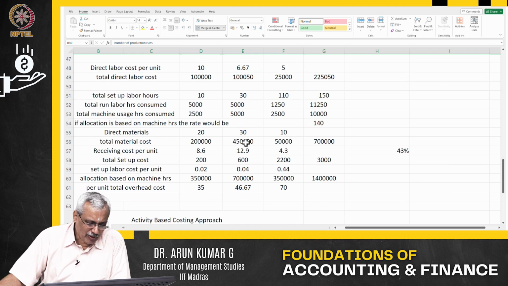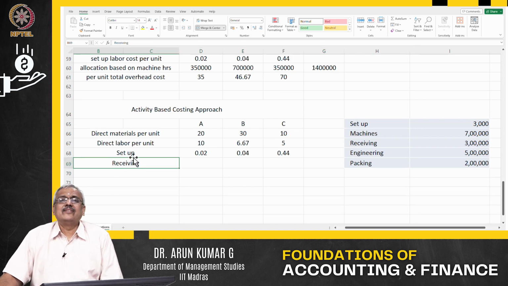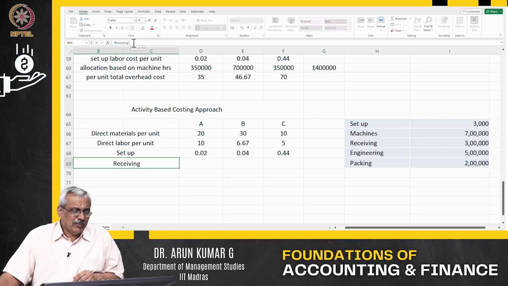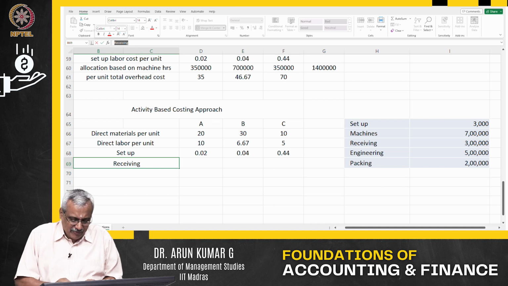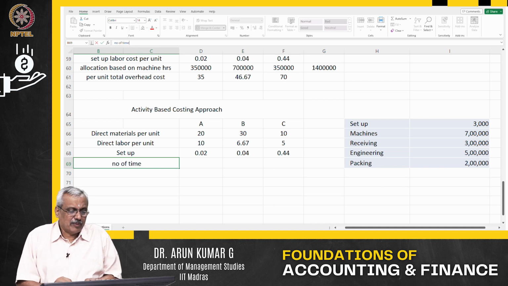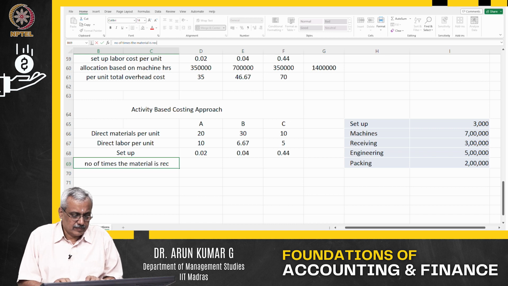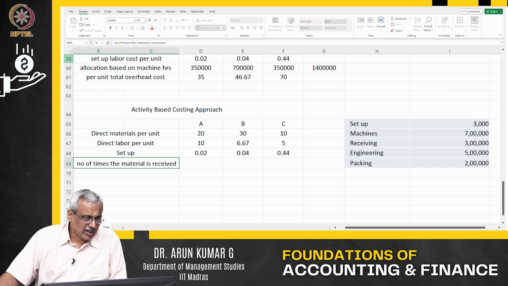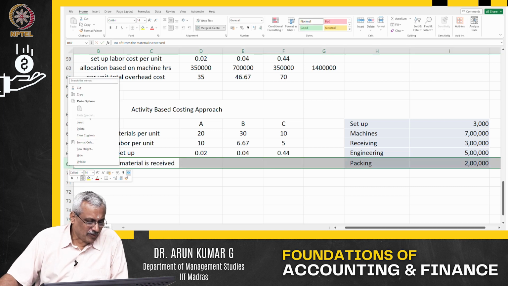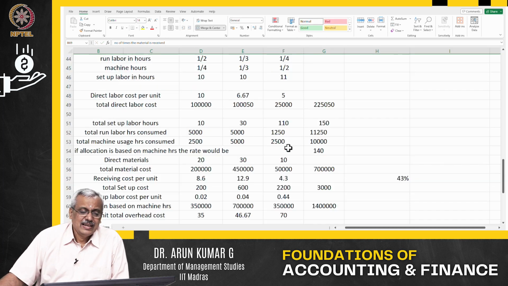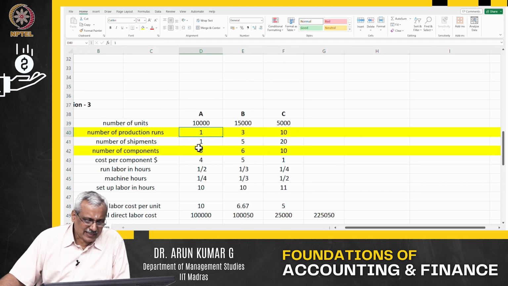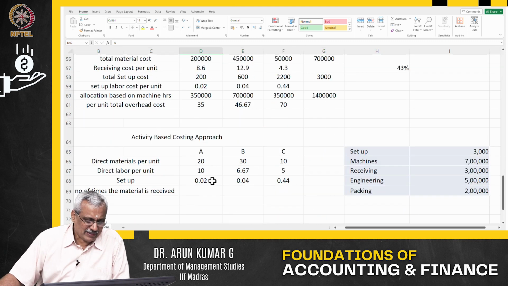What I am looking at is the number of components and the number of times the material is received. In A, I have only one production run and only 5 components, so I receive the material only 5 times.